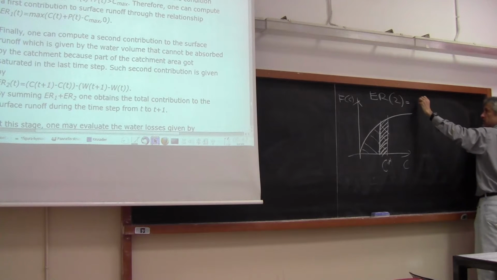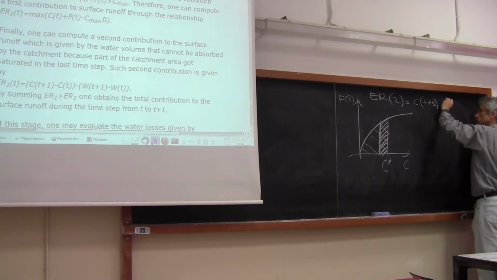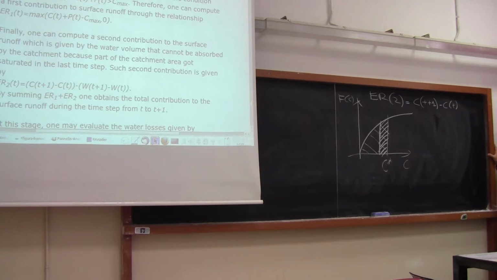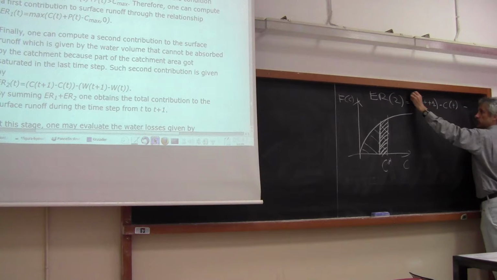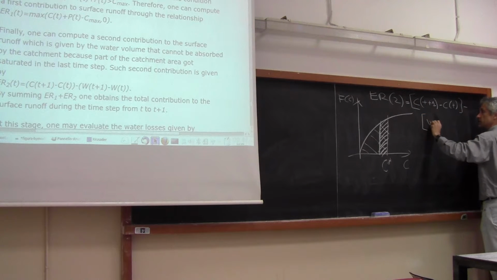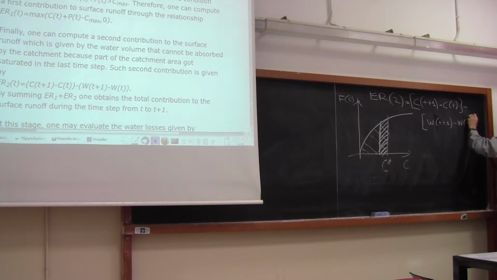You make the difference between C at time t plus 1 minus Ct, and this is the difference in rainfall. And then you have to subtract, let me put a square parenthesis here, the difference in storage, W at t plus 1 minus Wt.